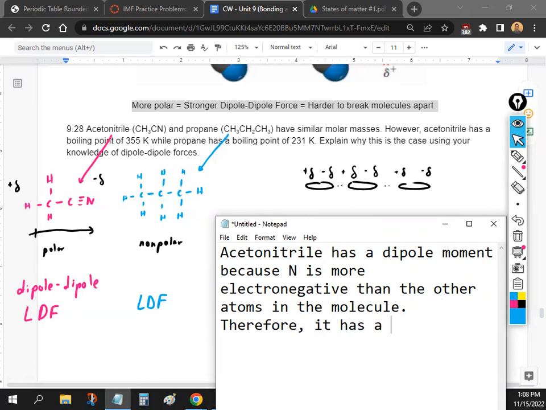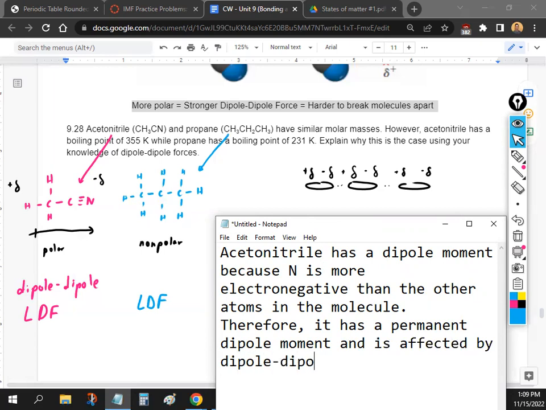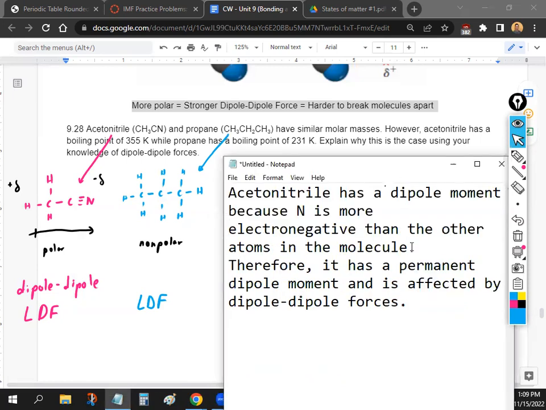Therefore it has a permanent dipole moment and is affected by dipole-dipole forces. So that will be the part about acetonitrile. You're setting up that this one has dipole-dipole forces.